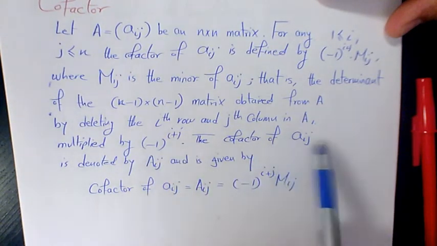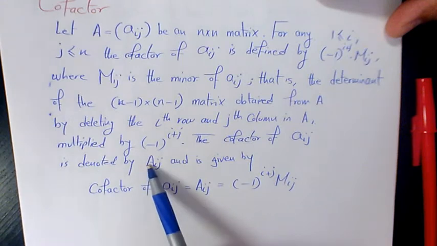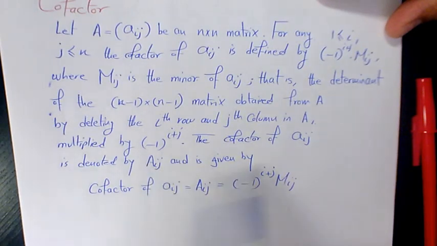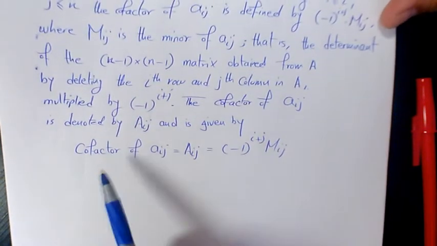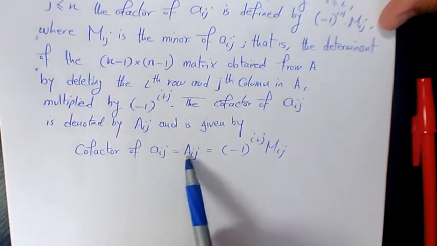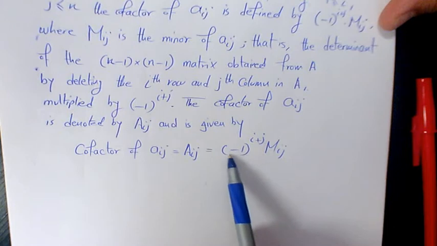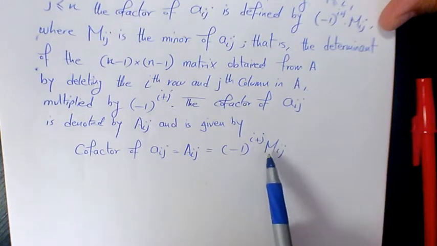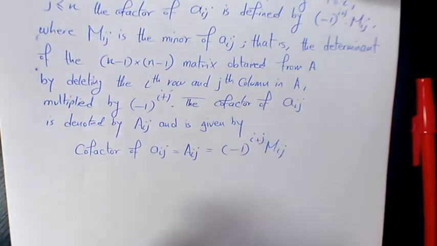The cofactor of aij is denoted by capital Aij and is given by this formula. So the cofactor of lowercase aij equals capital Aij, which is -1 to the power of i plus j times Mij.